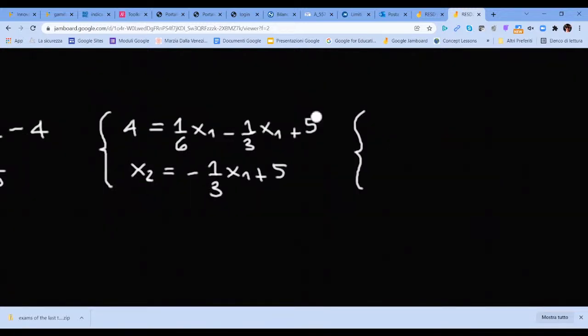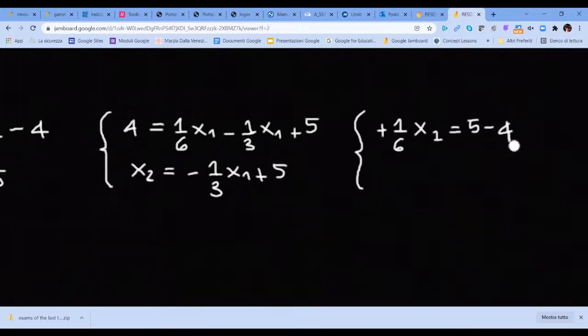So 1/6 minus 1/3 is minus 1/6, because it is the 1/2. Minus 1/6, I can put minus 1/6 x1, that will be equal to 5 minus 4.